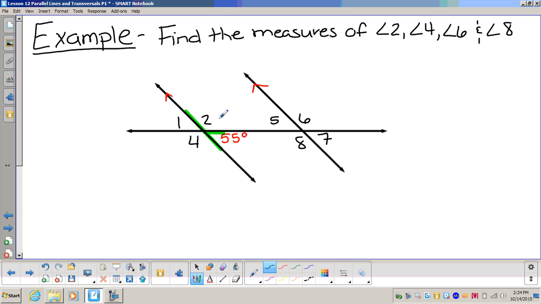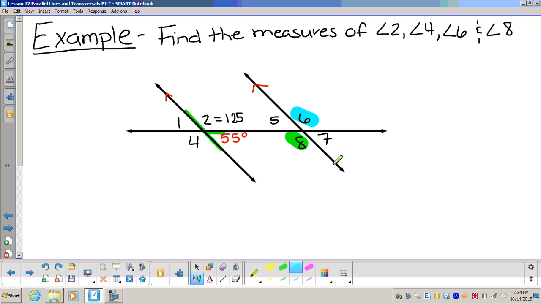So that also means that angle 8 is 125 because they're alternate interior angles. And angle 2 corresponds to angle 6, so that one's 125 as well. Angle 6 and angle 4 are alternate exterior angles, so that is 125 as well.